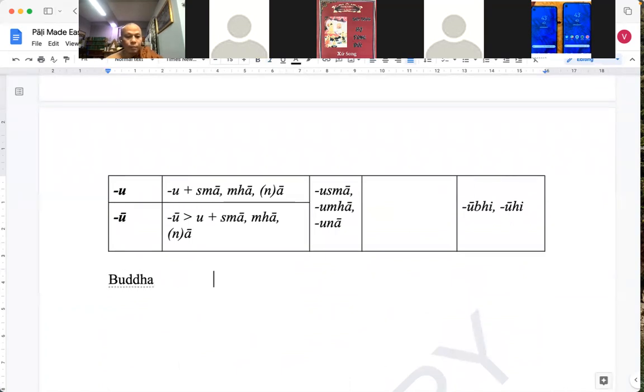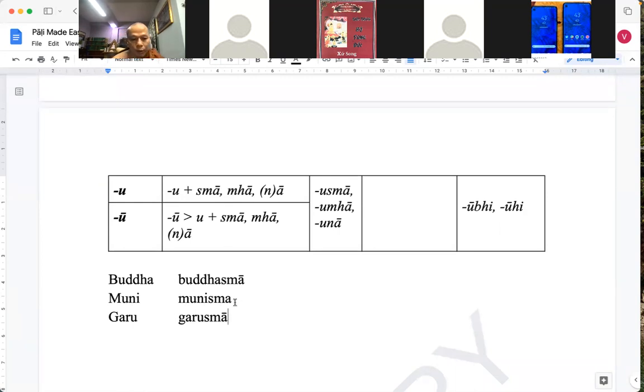So as a singular, the ablative form is Buddha sama. And then muni, so we don't need to change anything, you see. Muni sama. And then guru, guru sama. In this way.